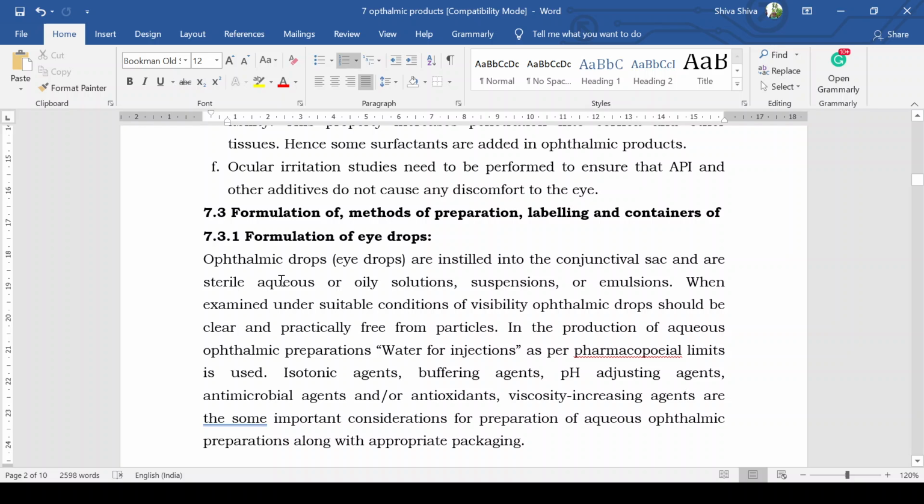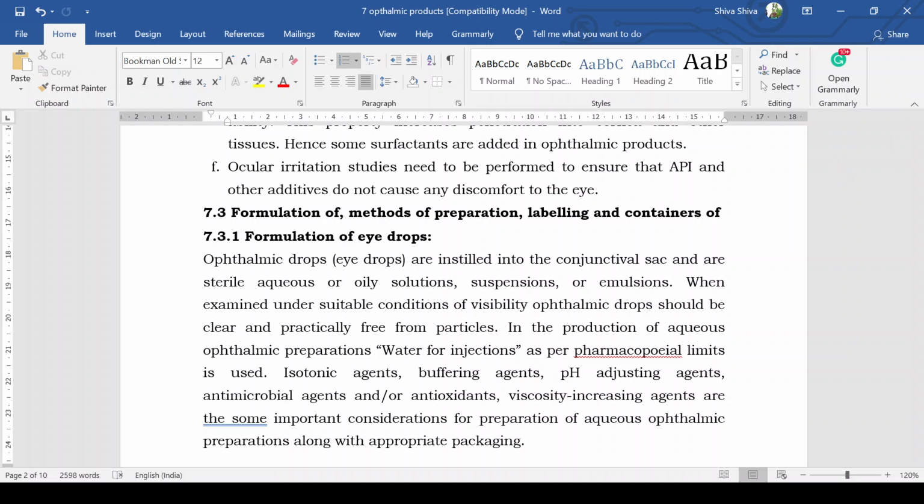Then formulation, methods of preparation, and labeling of the containers, first of all for eye drops. Ophthalmic drops, which are also called eye drops, are the most commonly used ophthalmic preparations. In the treatment of various kinds of conditions, eye drops are prescribed.